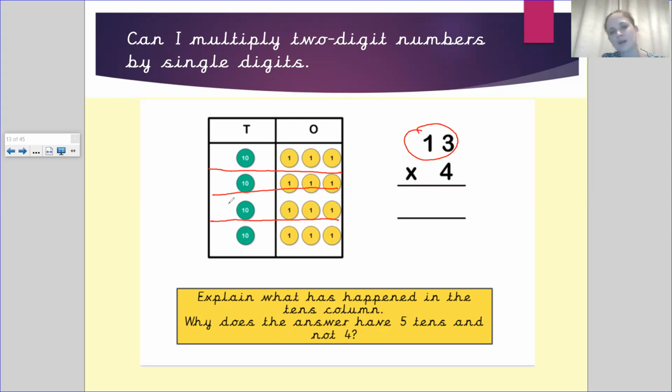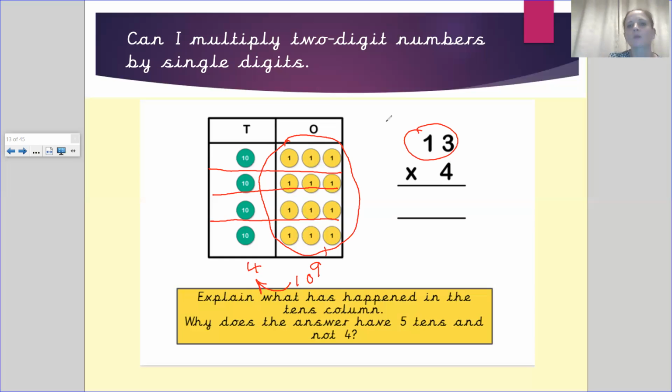Now, just by looking at that, we can see that our answer is not going to have 4 in this column like we have. And I want you to think for a second why that is. Remember that in our ones column, we cannot have any more than 9, because as soon as it moves on to 10, it moves into that column.